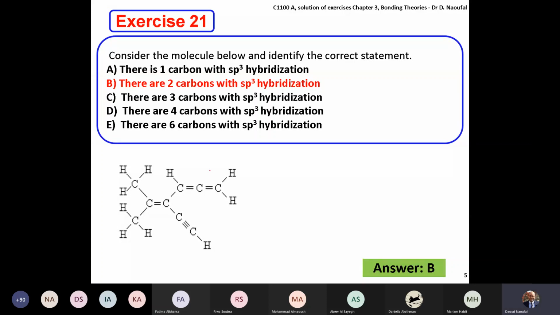I will write the type of hybridization of all carbons. The first, EP equal 4 implies sp3. This carbon, EP equal 3 implies sp2. This is sp3.